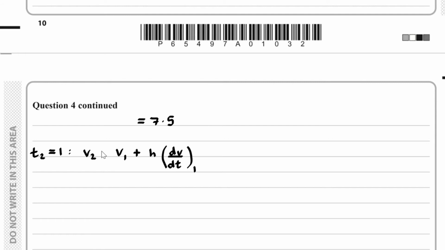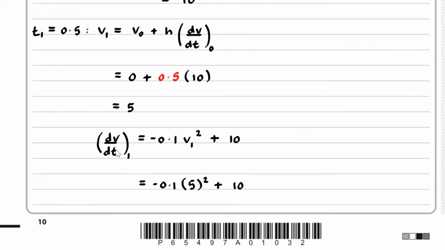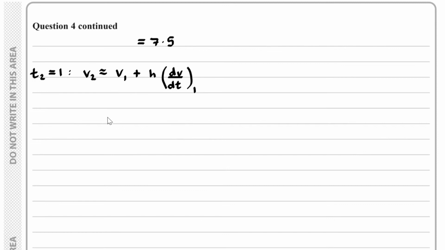So we have v1, which is 5, plus h, which is 0.5, multiplied by 7.5, and if I work out what this is, I get 8.75.